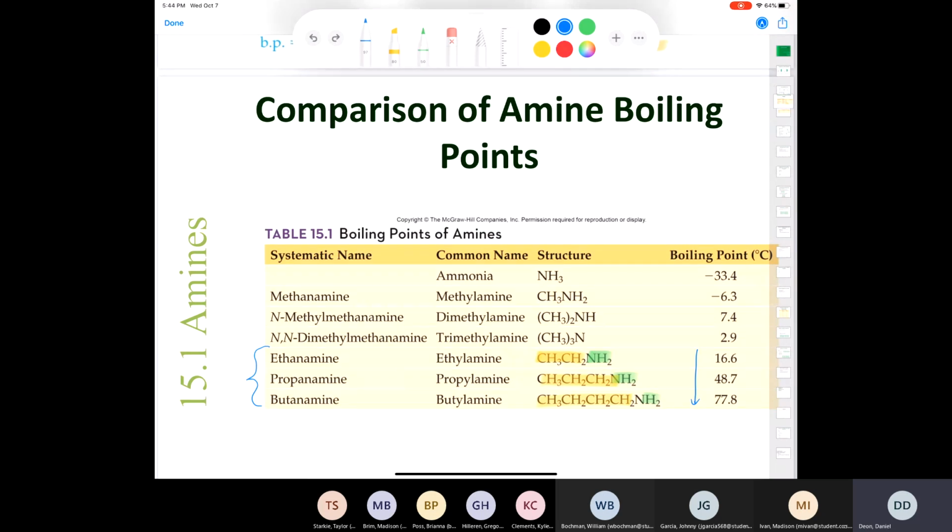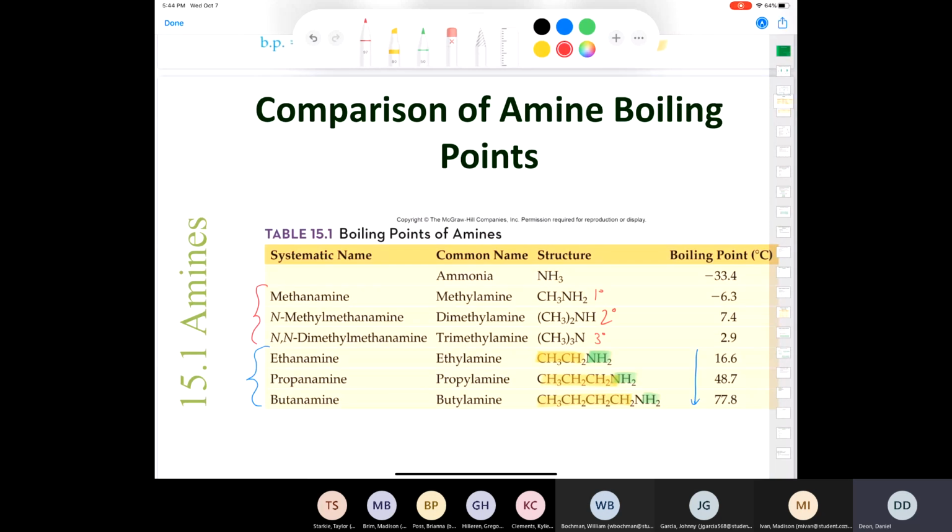Let's look at one more trend, from methanamine, or methylamine, to dimethylamine to trimethylamine. We already looked at these molecules: methylamine is a primary amine, dimethylamine is secondary, and trimethylamine is tertiary.